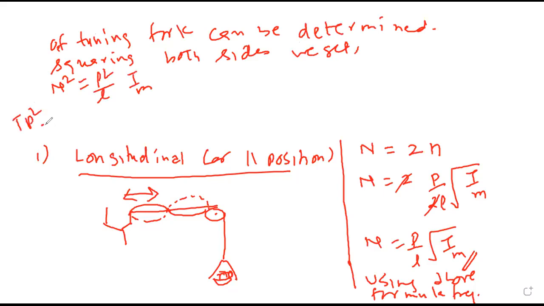So T p square is n square L square m. This is constant.